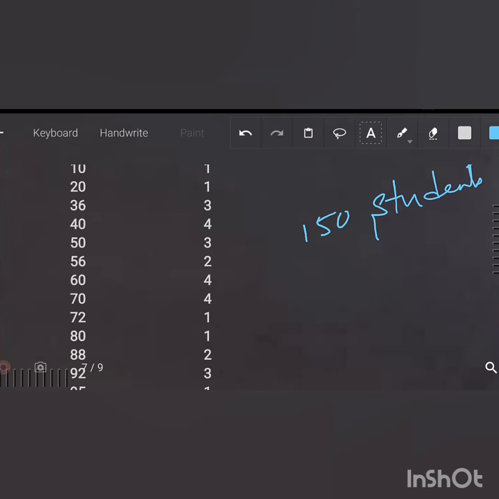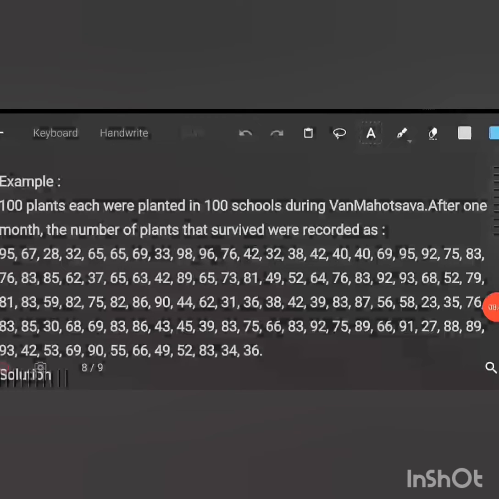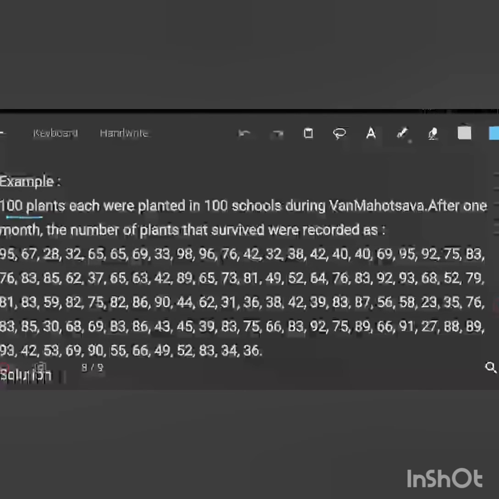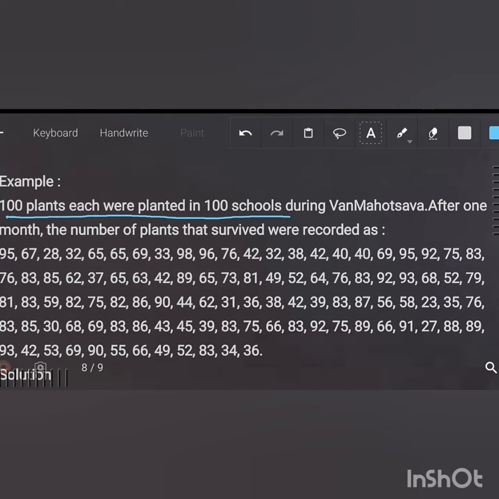Let us see one example of how this grouped frequency distribution works. 100 plants each were planted in 100 schools during Van Mahotsava. After 1 month, the number of plants that survived were recorded as in the given data.